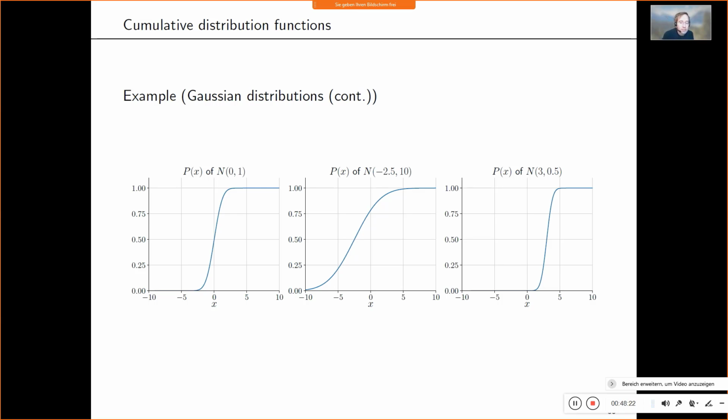And then the question is, what's the associated value in the outcome space at which this probability for the random variable to take on values larger than this value in the outcome space is fulfilled. So instead of going from values in the outcome space to the probabilities, we go from the probabilities to values in the outcome space. And this is of course the inverse operation here.